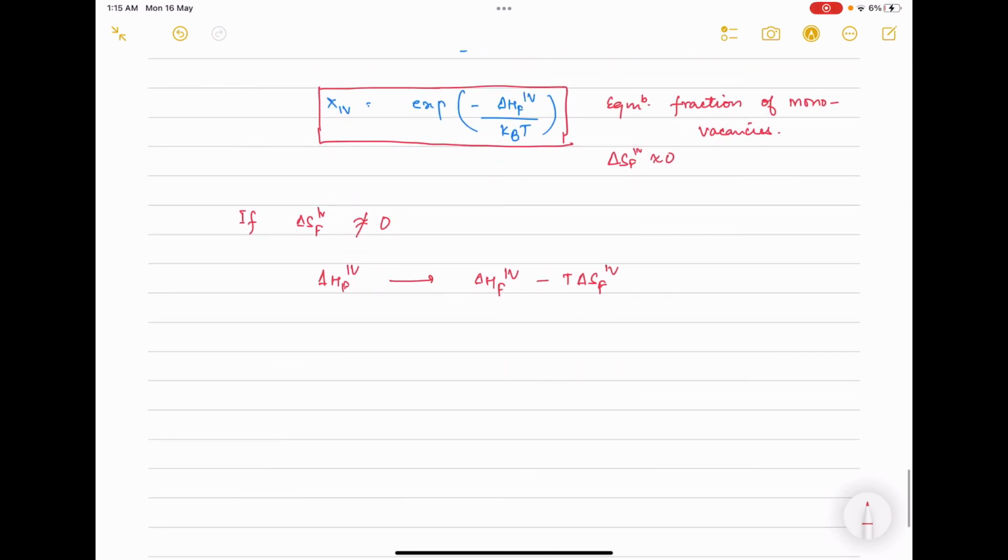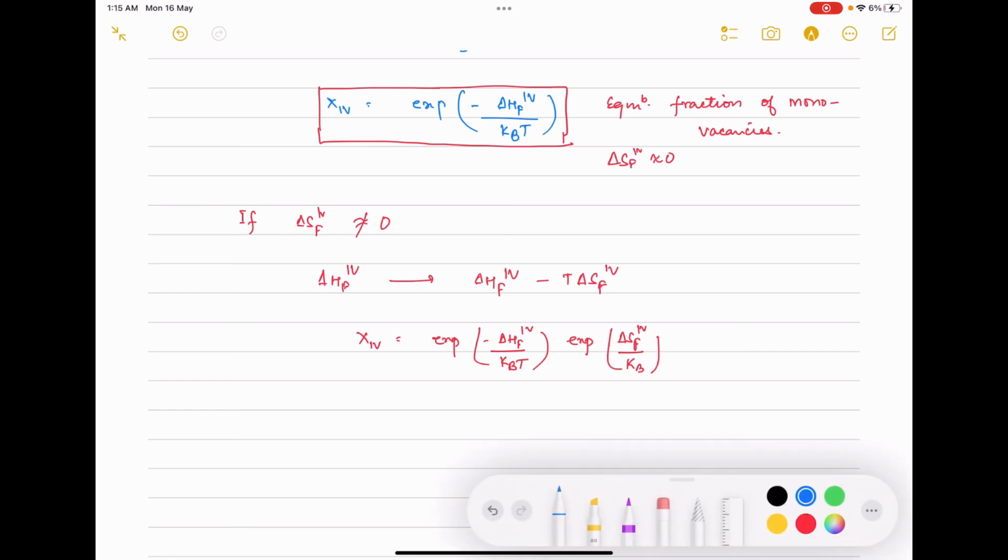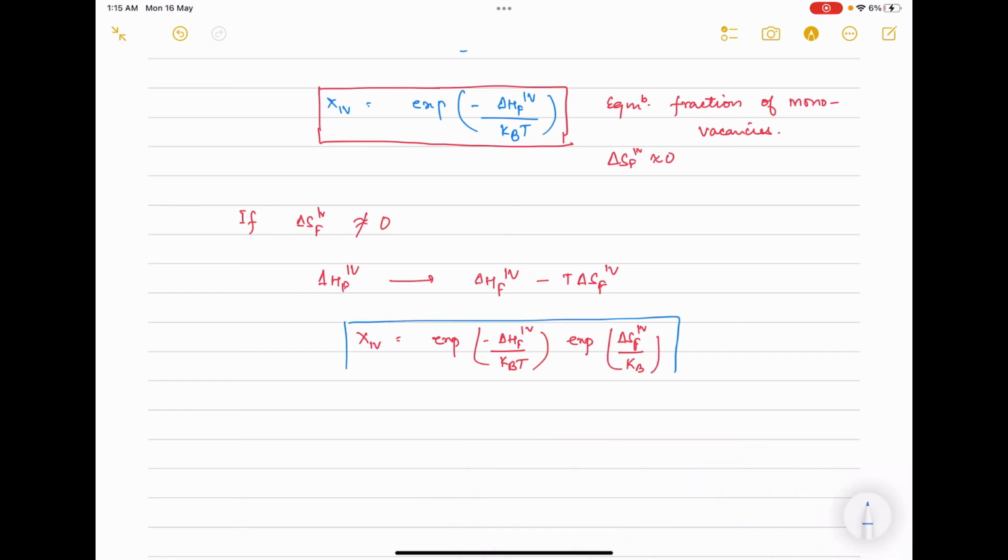Then this equilibrium fraction of mono vacancies equation would look like x1v is equal to exponential of minus delta HF 1V by kBT into exponential of delta SF 1V by kB. So these are the two equilibrium fractions of mono vacancies.